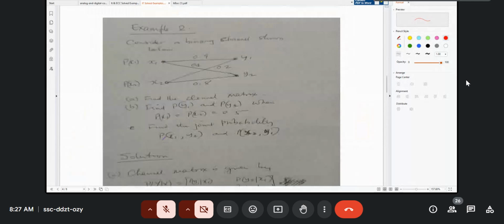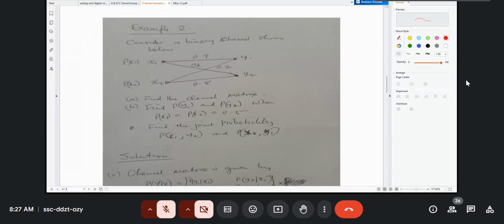The second example is: consider a binary symmetric channel shown below here. You are given two symbols, x1 and x2. I think for this case, you're given probabilities, px1 and px2, and then you are told to find the channel matrix.